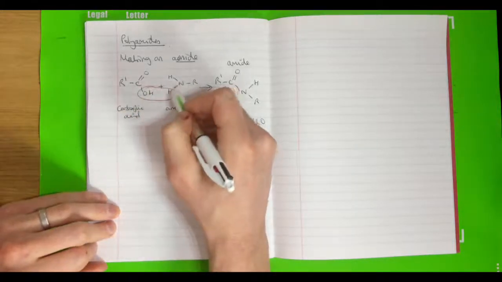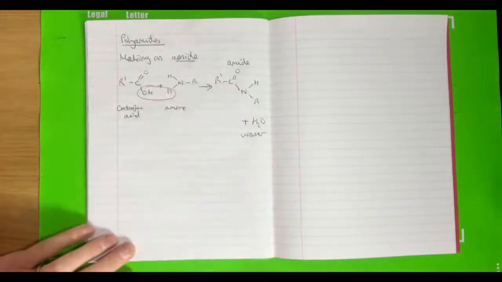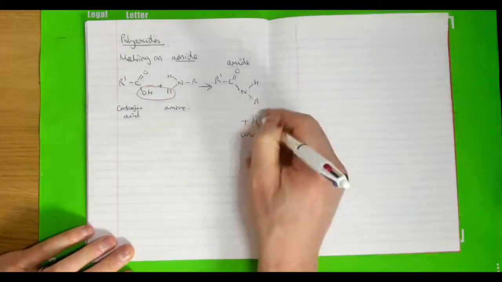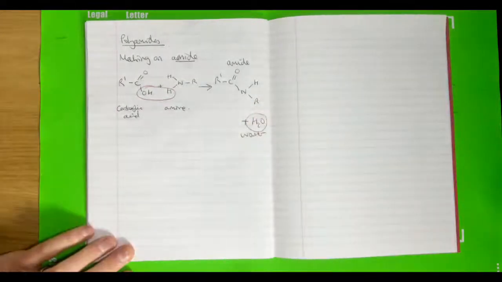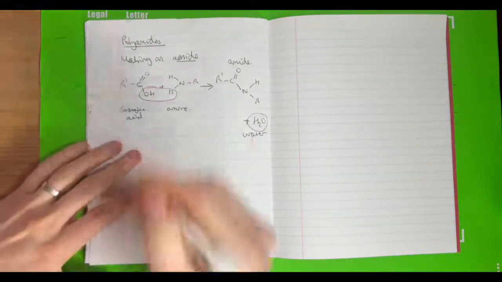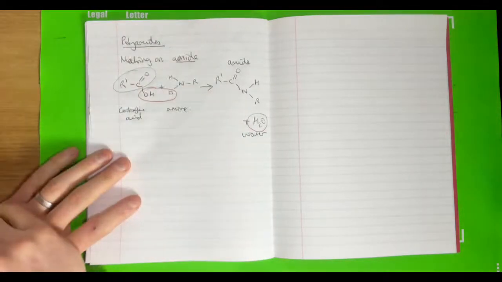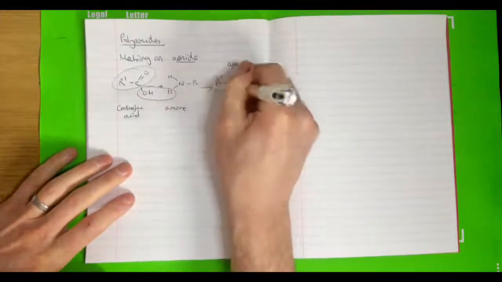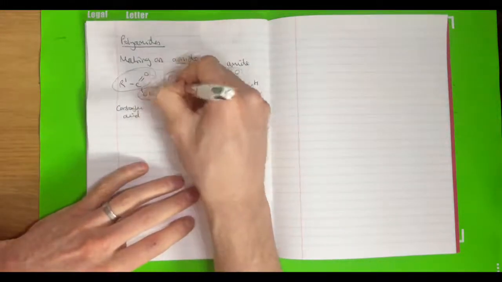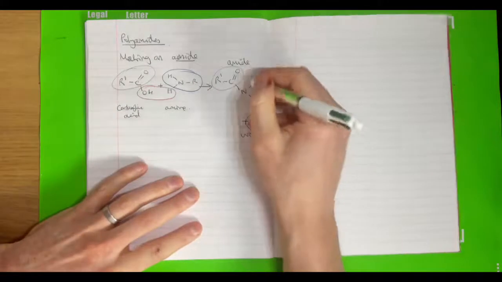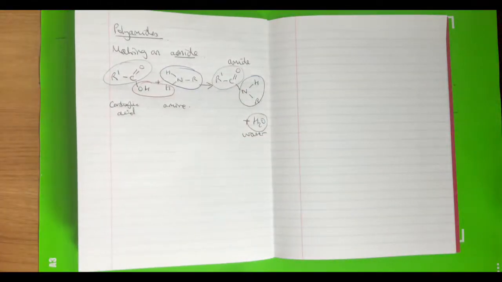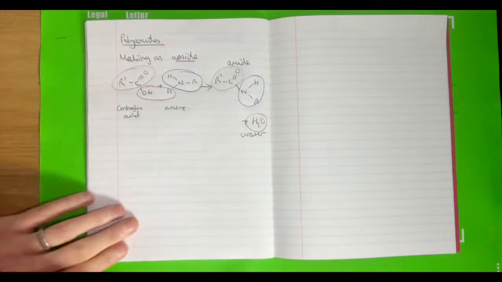And that NH bond breaks, just like the OH bond breaks in an alcohol. So there's our molecule of water. And this bit here of the original carboxylic acid ends up in the amide, and this part here of the amine ends up in the amide there. That's how you make an amide.